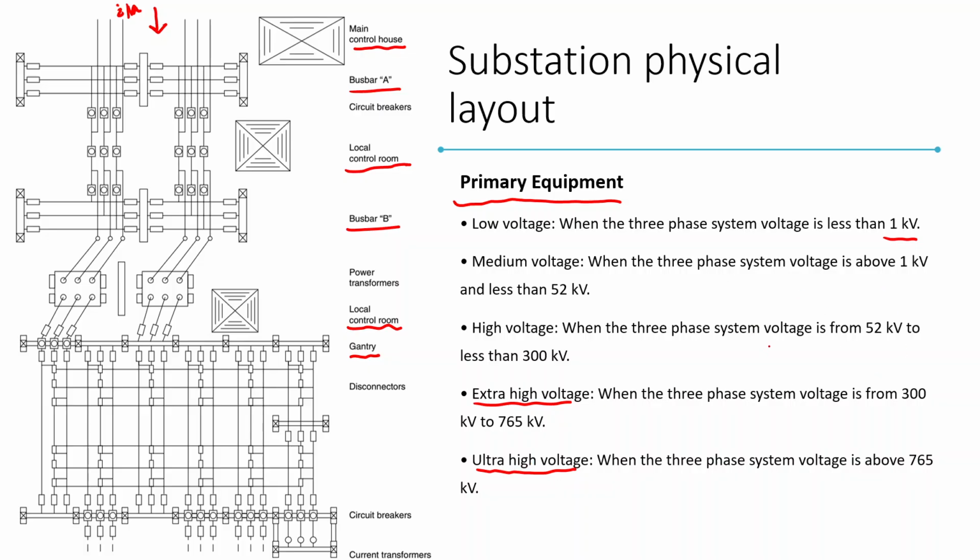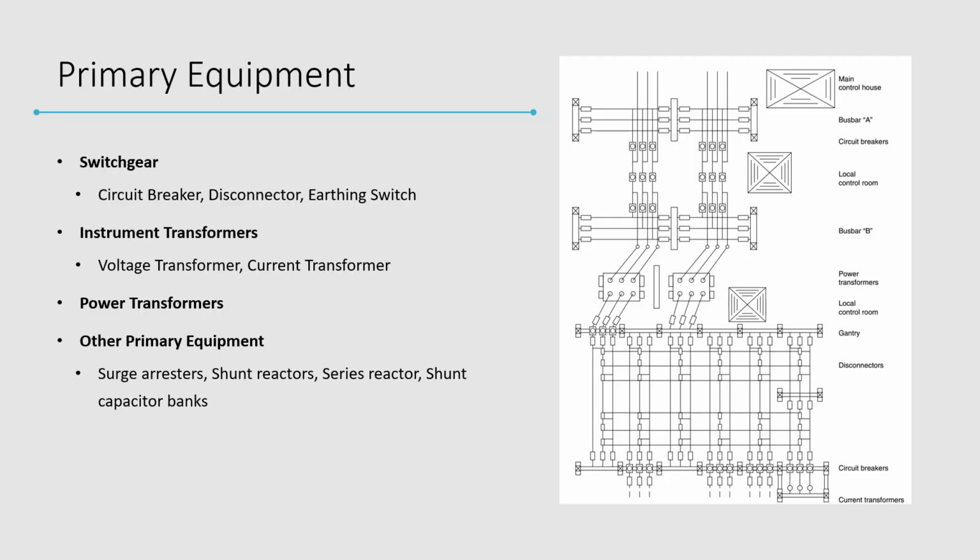This voltage level classification can slightly change depending on the country and how they interpret the different voltage levels, right? So what are the primary equipments we have in the substation? We actually discussed these things in the past as well. We have the switches, like circuit breakers, disconnectors, earthing switches, and so on.